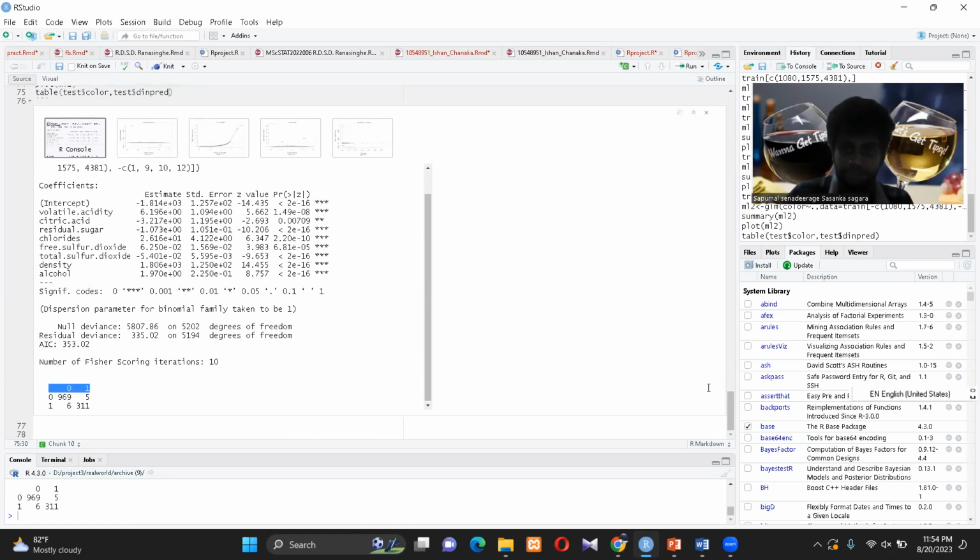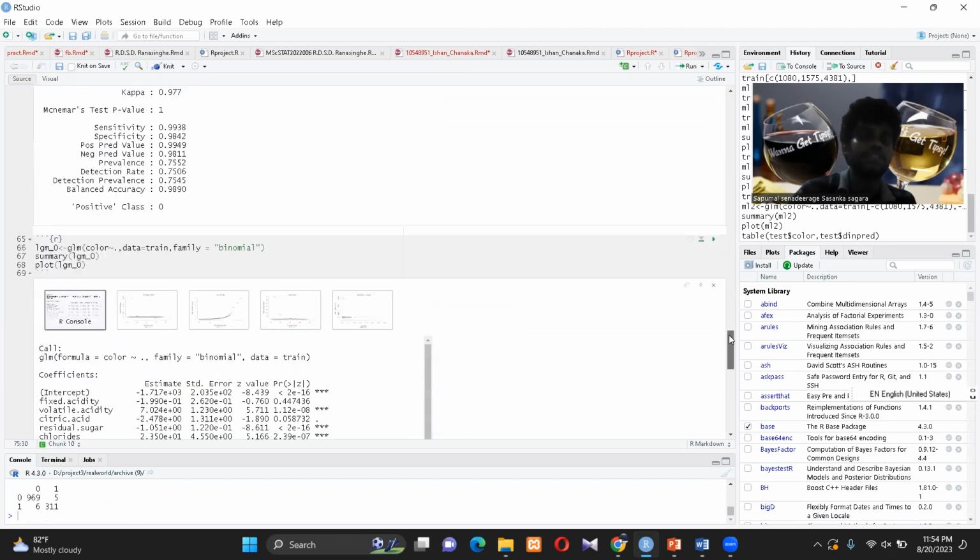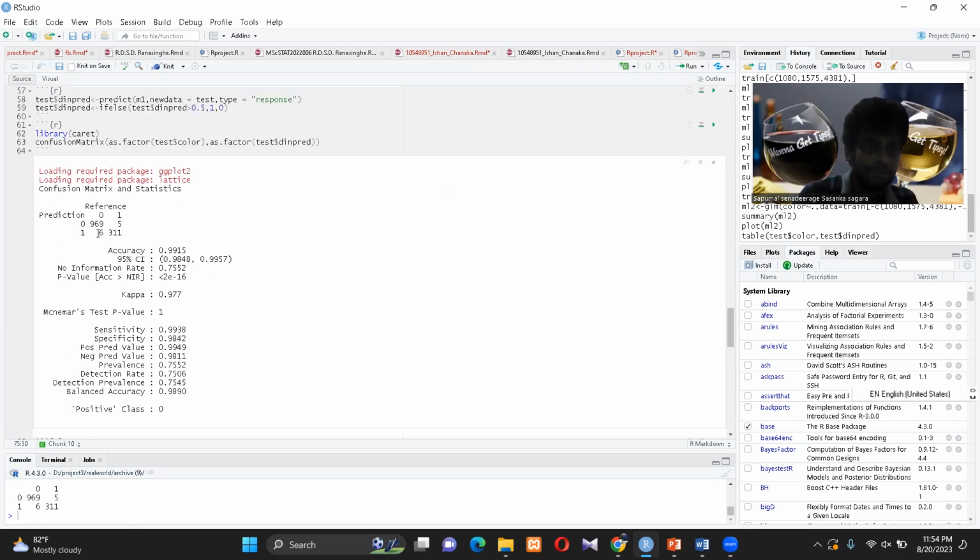This is for reference and this is for prediction, right? So this is my true value. This is a white wine, and according to my model, it is explained correctly. 969 white wines are explained correctly by the model, right?